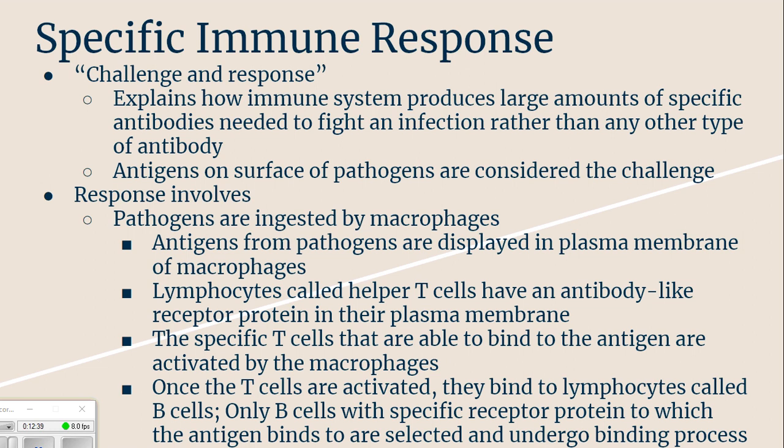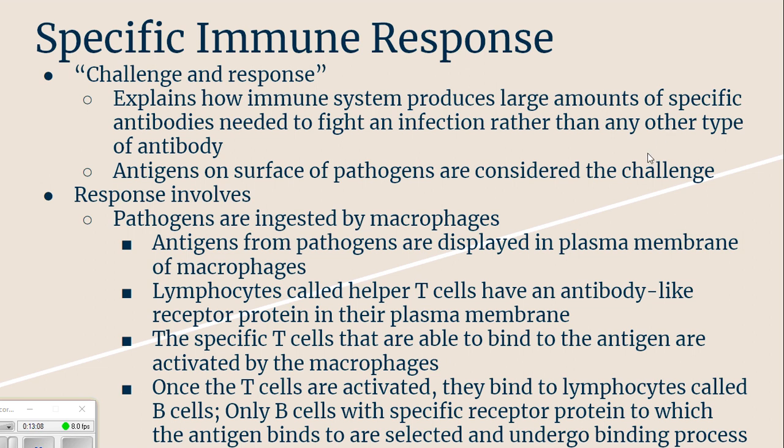So when you get infected, or when you get an infection, your body will start to produce antibodies, and antibodies that are specific to that particular pathogen. And so what the challenge and response model looks to explain is how that one type of antibody gets generated to that particular pathogen and not other things.